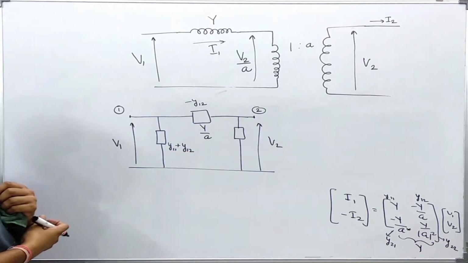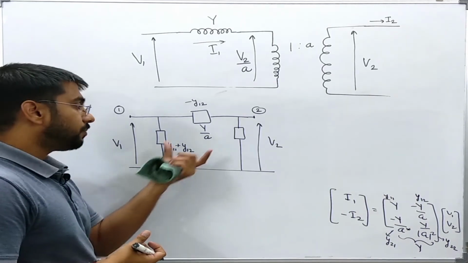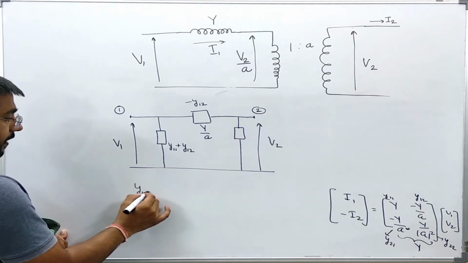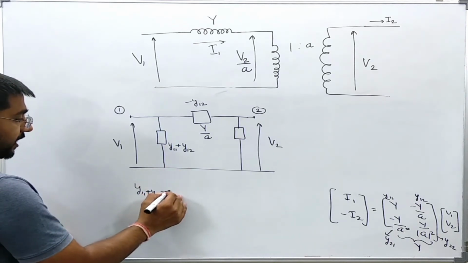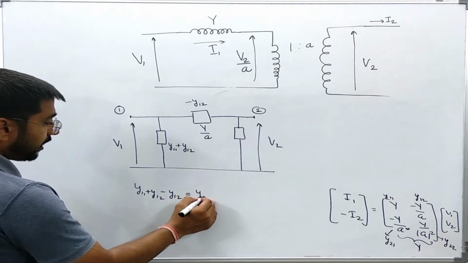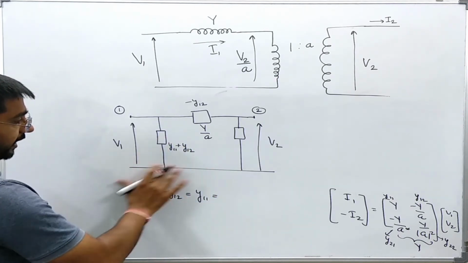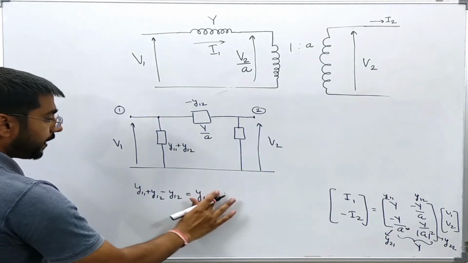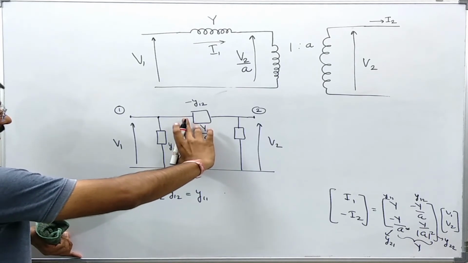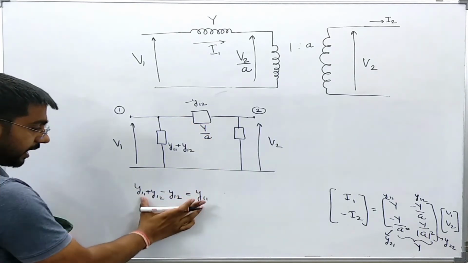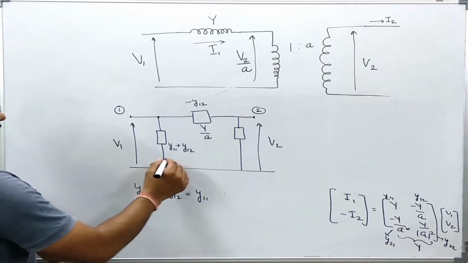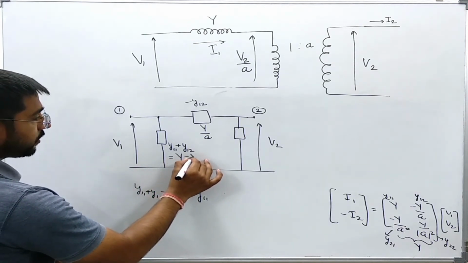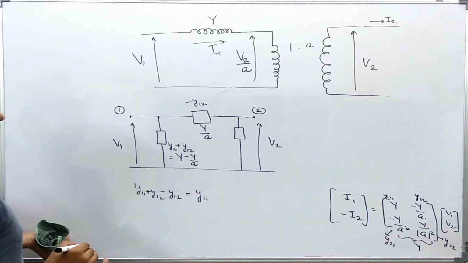Because when we try to derive the Y matrix from the equivalent network, what I will get is Y11 plus Y12 minus Y12 equals Y11, which equals all the admittances connected to bus 1. Okay. So in this way, these two elements will satisfy my equation to get the element Y11. So it will be simply Y minus Y over A.